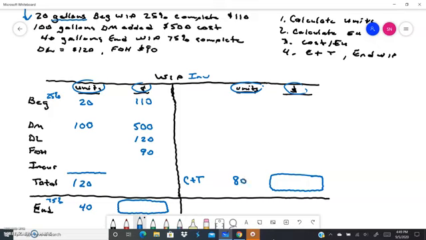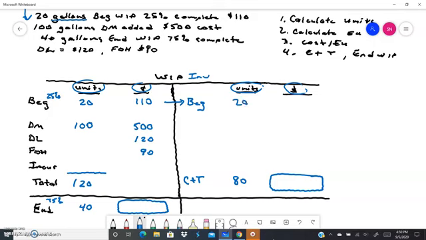Okay? Now remember back up above we said that we really have three groups. We have the units in beginning inventory and the cost to complete the beginning. We also have units that we start and complete, and then we also have our ending units. One assumption that we made is our beginning inventory is the first units that are completed. So we know that these 20 units that we started with for sure are part of the 80.